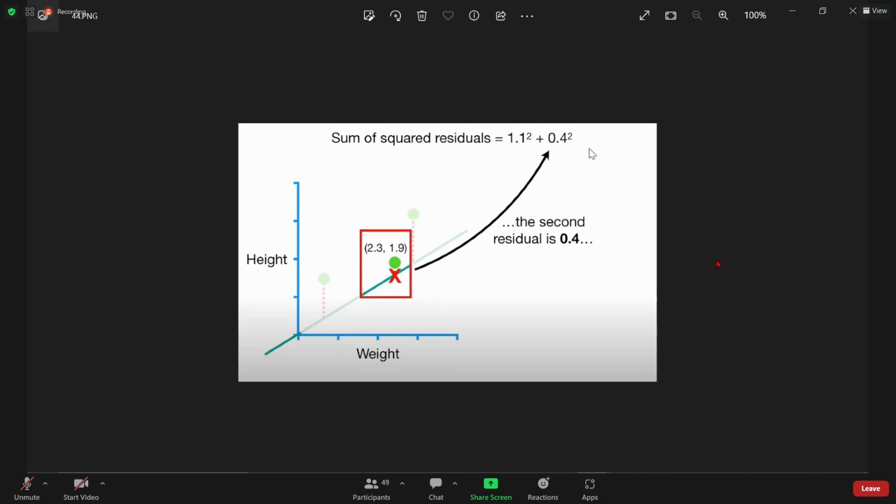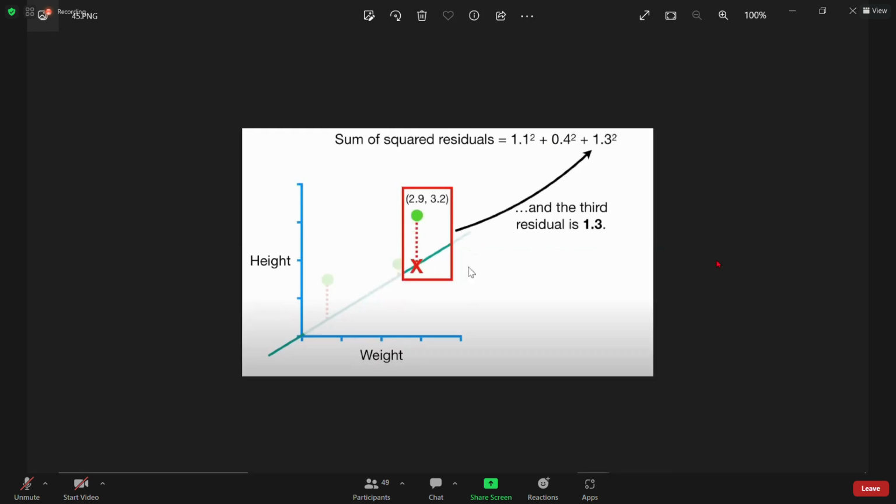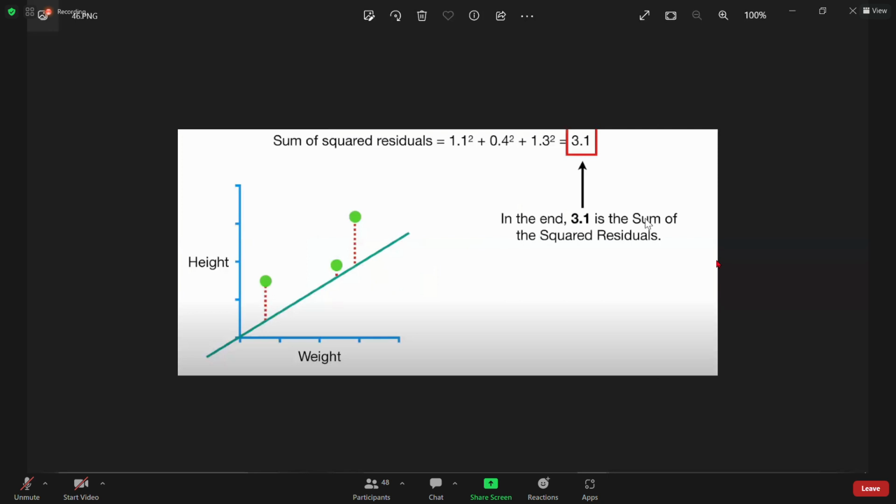So the residual is 0.4 square. What is the residual, guys? 0.4 square. And for the third data point, what is the residual? Can we continue that? When we sum up all those things, in the end we get 3.1 as the sum of square residuals.